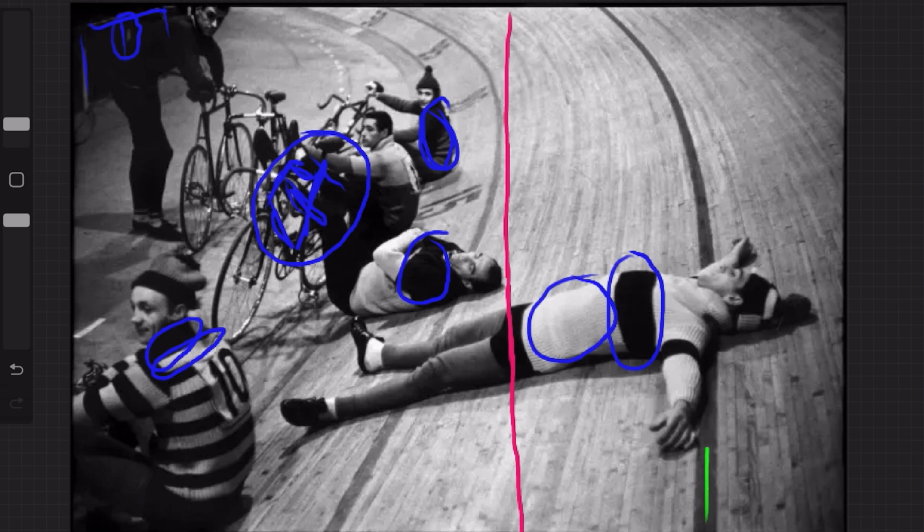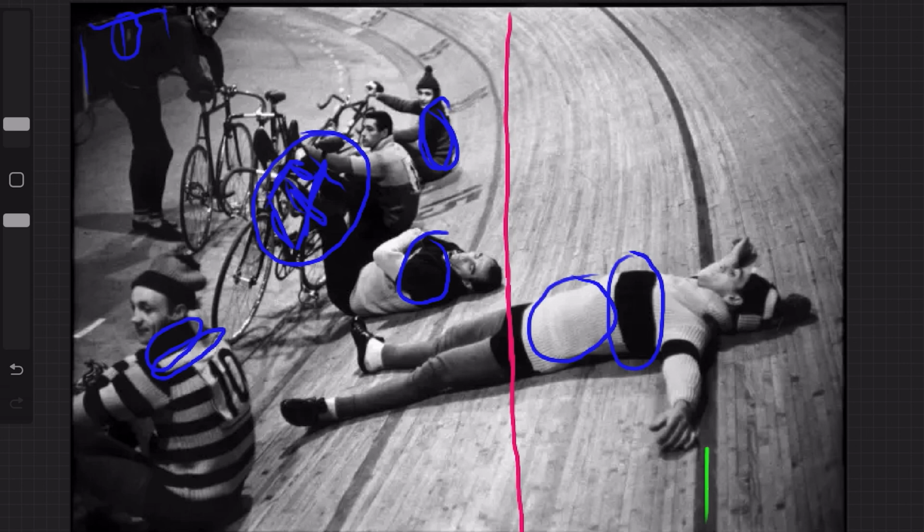And I find that similarly happens in this little area here, where these guys' legs get lost in the shapes of the bicycle. And so, yeah, I feel like the contrast is very interesting in this piece.